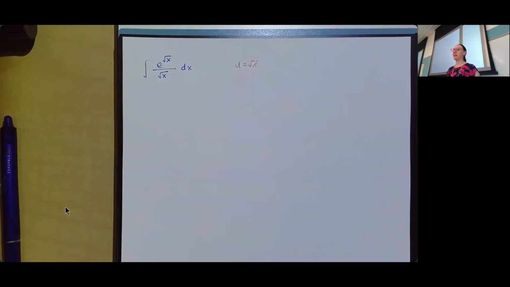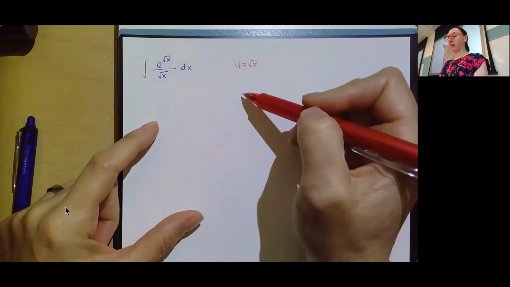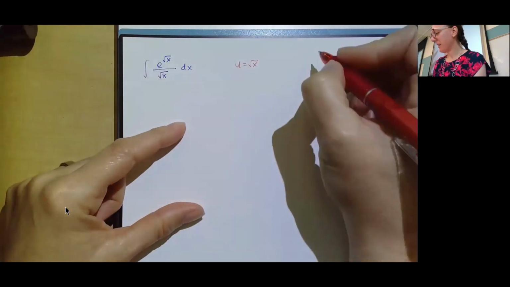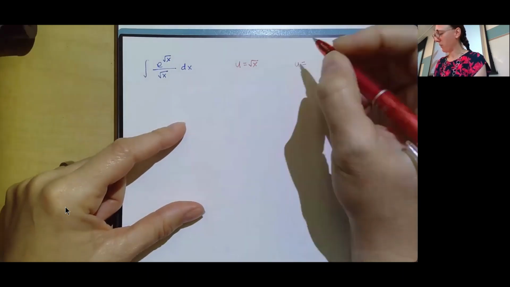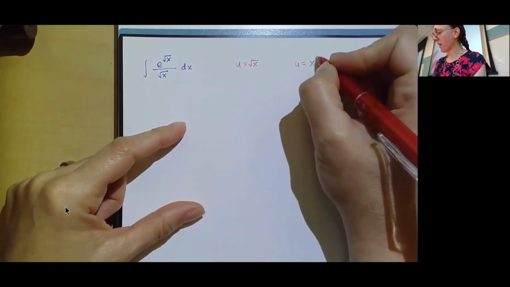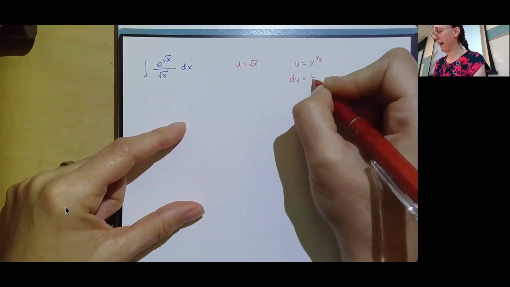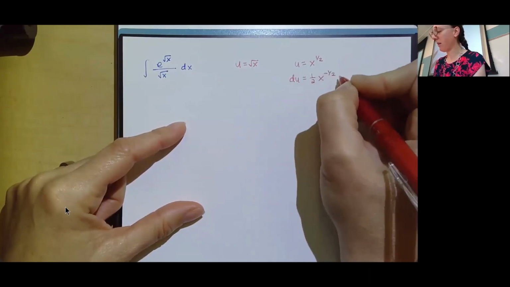I mentioned this at the beginning of the quarter. There is a reason that I have this derivative memorized the way I have it memorized, and it's because of u substitution. If I need to take the derivative here to build my vocabulary list, I might need to think about that root x as x to the 1/2 power, which would make the derivative 1/2 x to the negative 1/2 power.